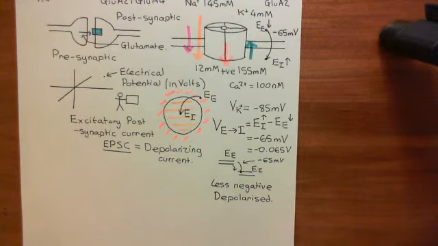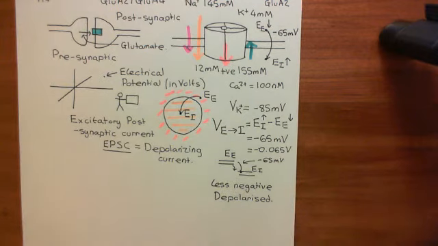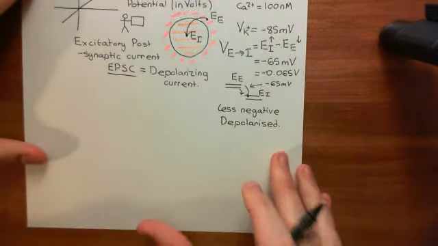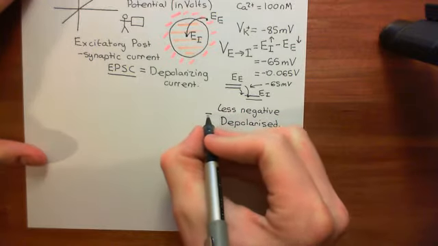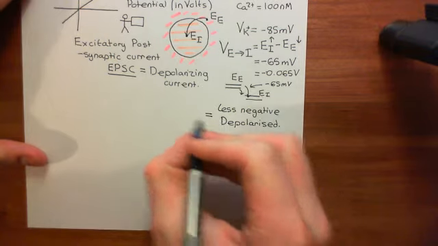Okay, so the overall effect then of the AMPA receptors is that when glutamate binds to the AMPA receptors, that triggers them to open. They're going to allow this depolarizing current, or this excitatory postsynaptic current, through them, which will depolarize the electrical potential difference across the cell membrane. And this depolarization in the electrical potential difference across the cell membrane also has a name.